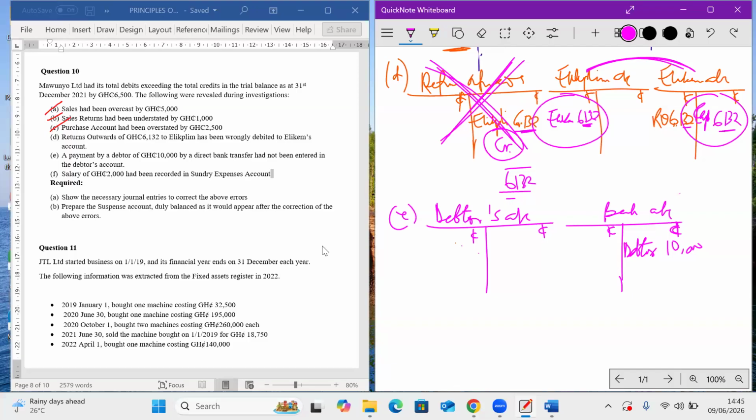So in the other account, which is the bank account, how was it done? It will be credited there. Hold on, let me see something.